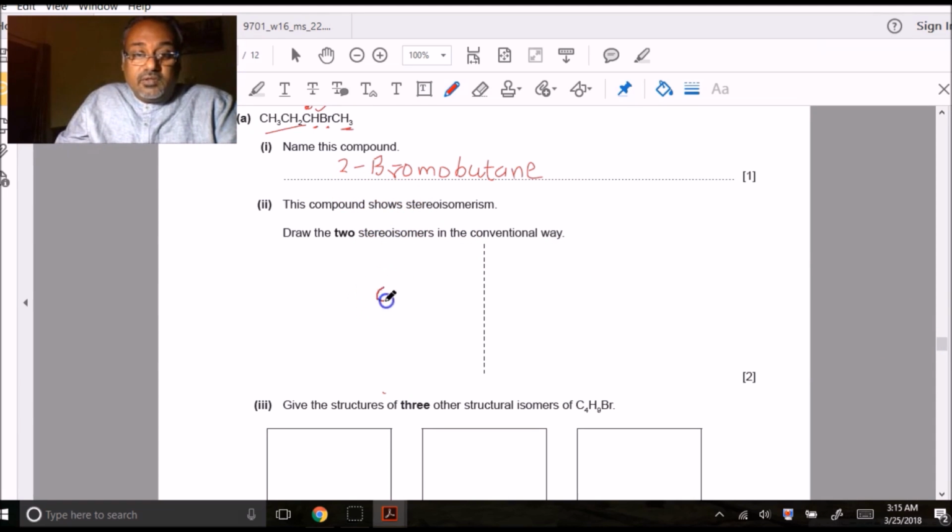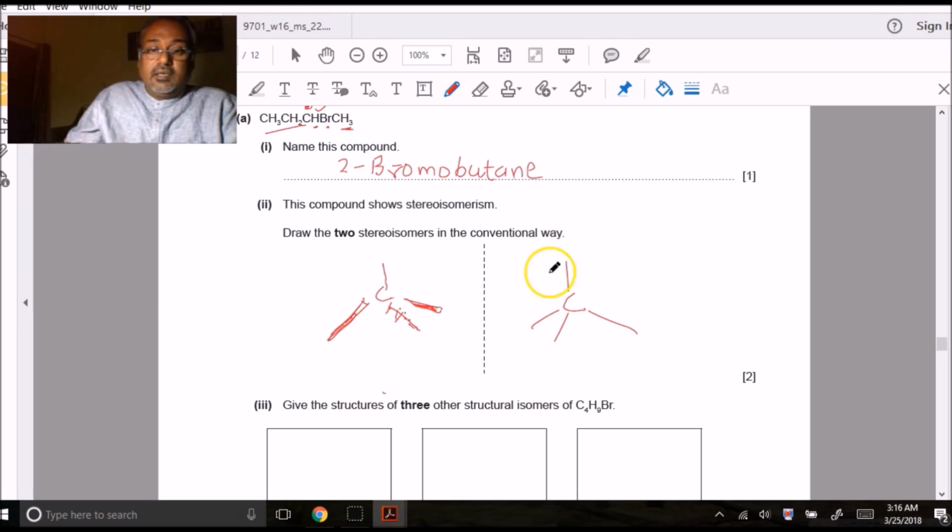When you want to draw the optical isomers, don't forget tetrahedral shape, and also some kind of shading. Then do the exact opposite here.